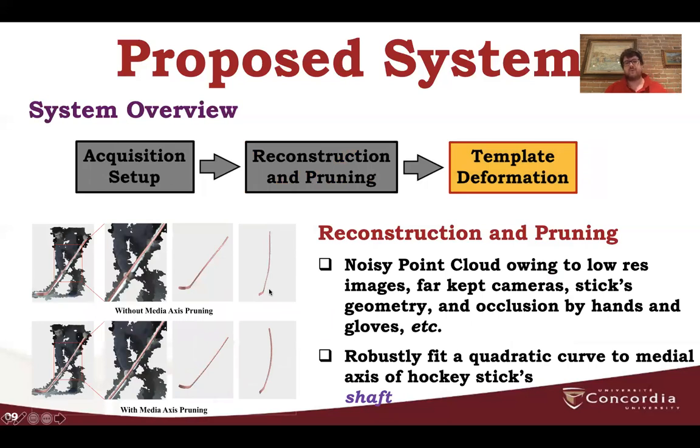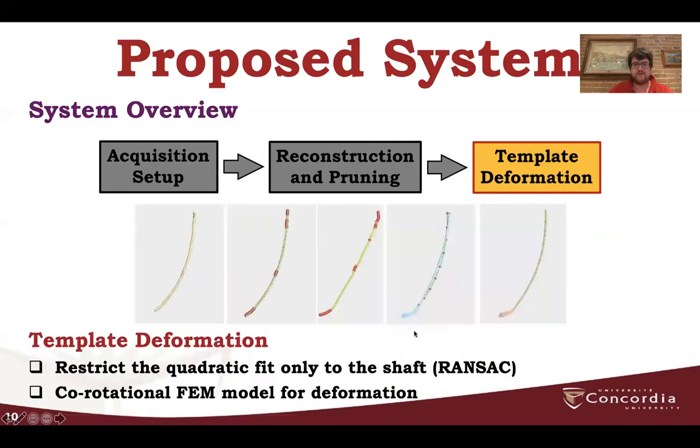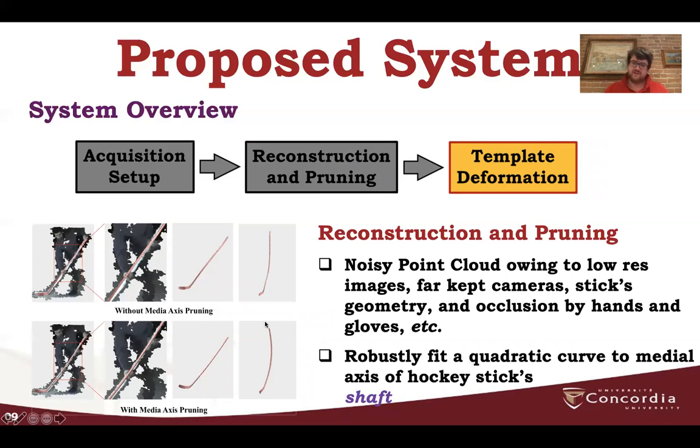Instead, we propose a novel method where we use the medial axis to drive the deformation process. So we fit a quadratic curve to the medial axis of the point cloud, and we fit the medial axis of the stick to the medial axis of the point cloud. You can see here the bottom right final result.